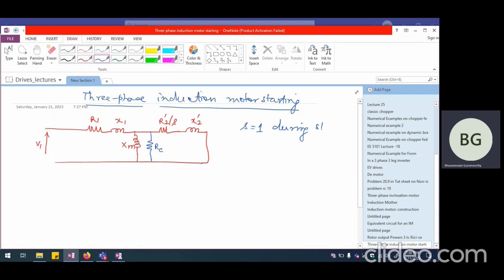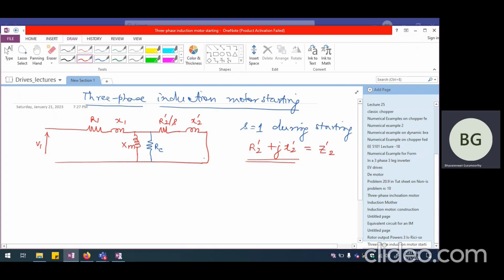So what happens during that time is the resistance of the rotor circuit is going to be R2 dash. So R2 dash plus jX2 dash is going to be the impedance of the rotor circuit as visualized from the stator side. And generally the resistance and the leakage reactance are not going to be large values.